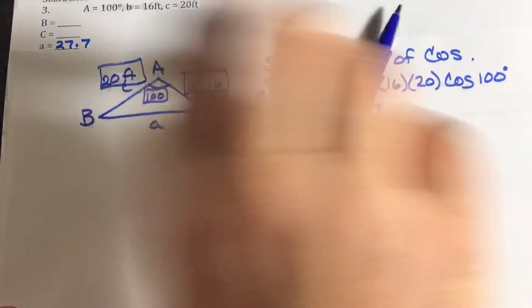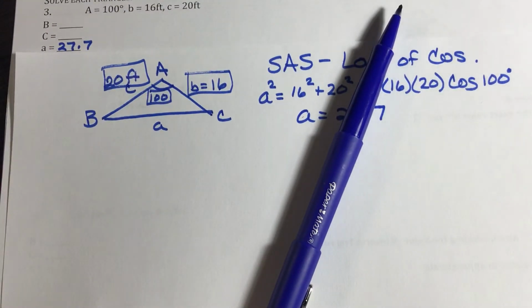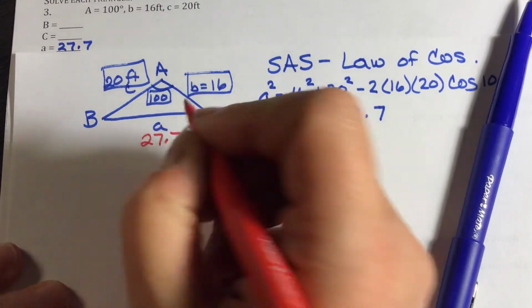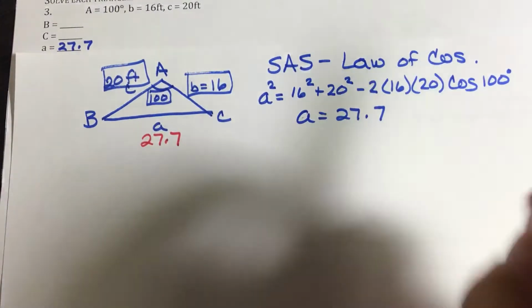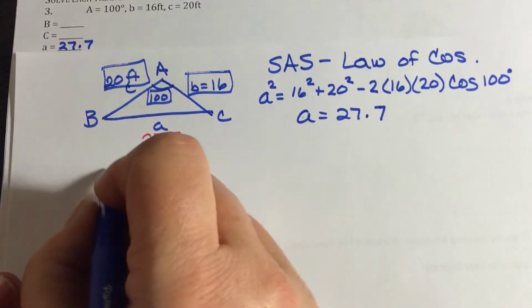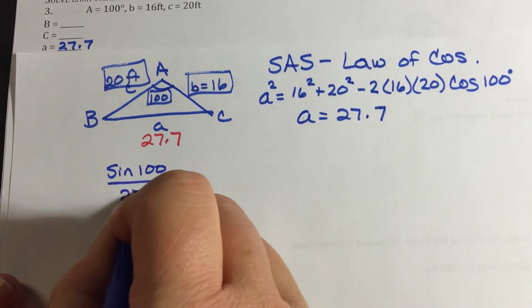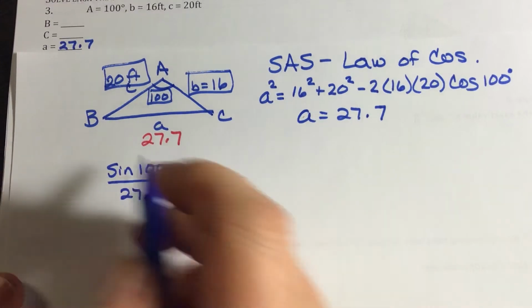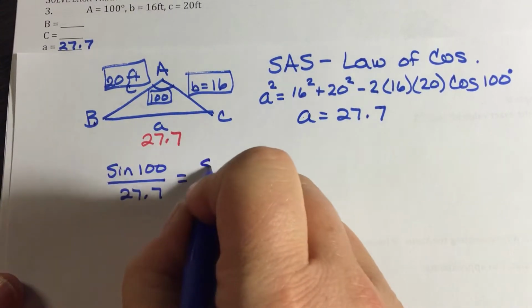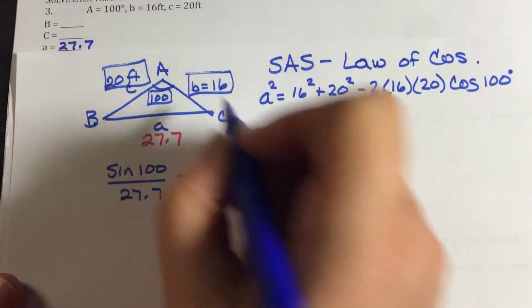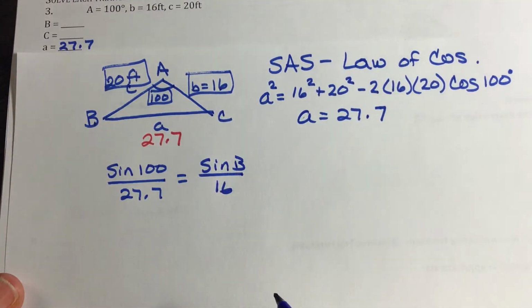I know that side A is 27.7. So if I use the law of sines, I'm going to have sine 100 over 27.7 equals sine of B over the side opposite B, which is 16.